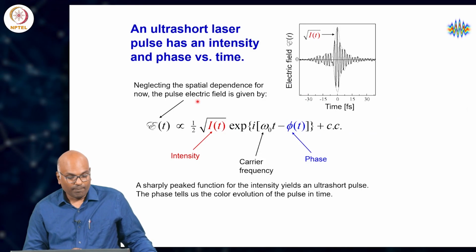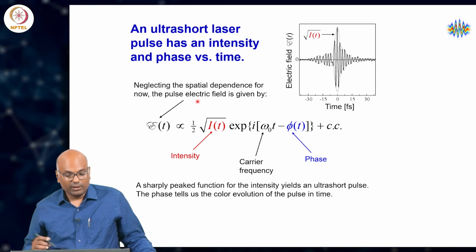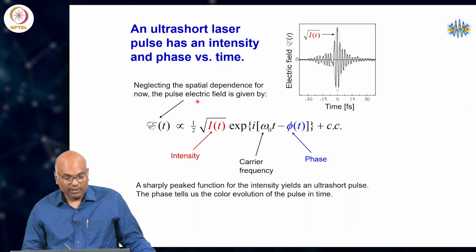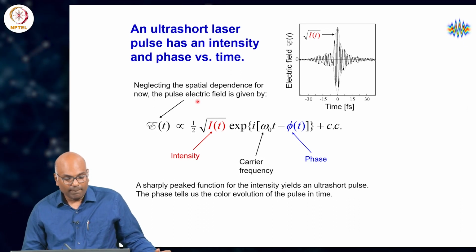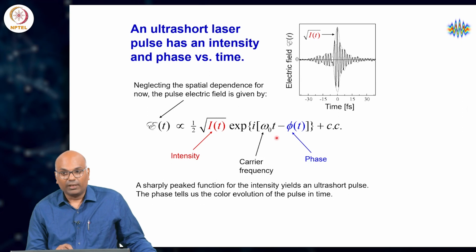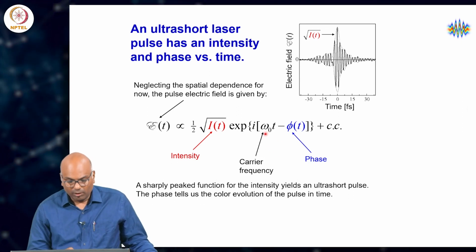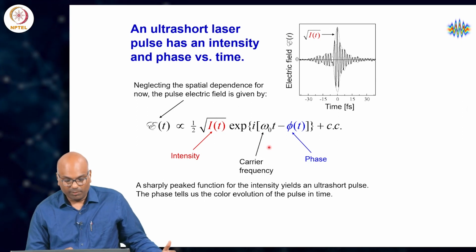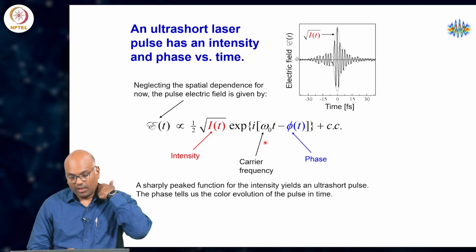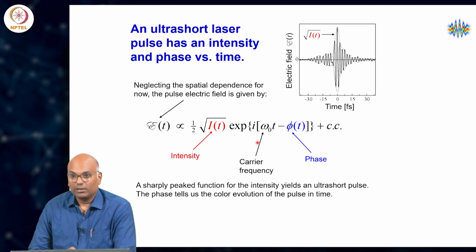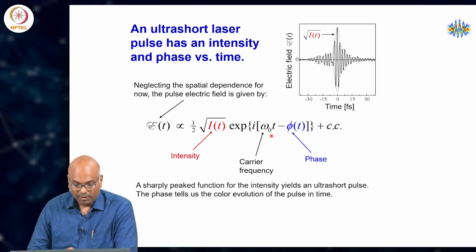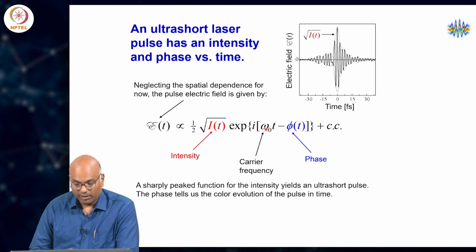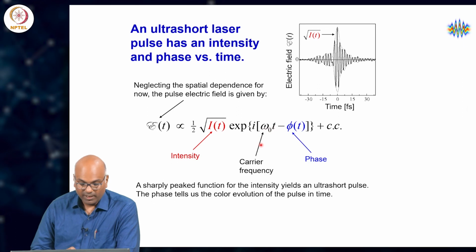So how do we describe this pulse and write it down in terms of a formal equation? We should once again realize that in writing the electric field for the propagating wave, recall that if x is the direction of propagation, then we should have a function of the form x minus vt, that is, x, the spatial coordinate, and t, the time coordinate, combined in the form x minus vt.